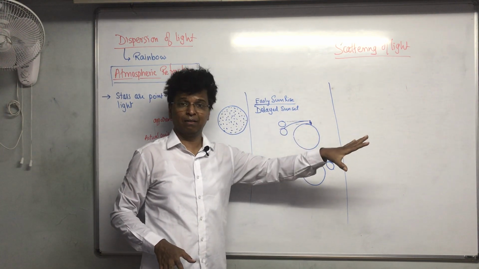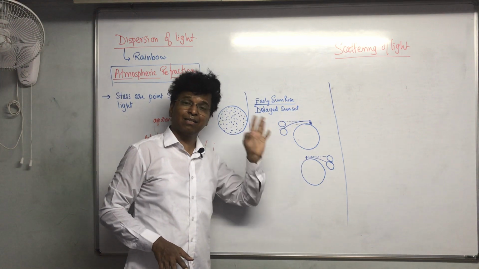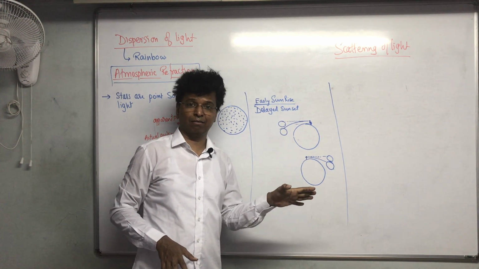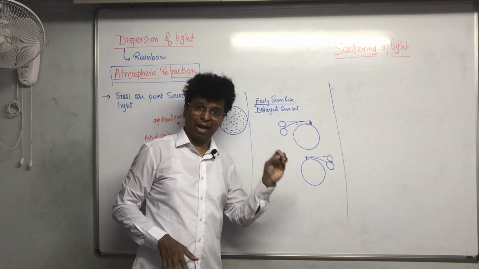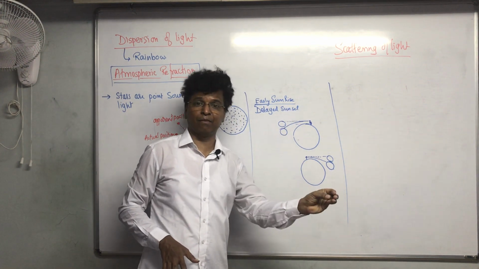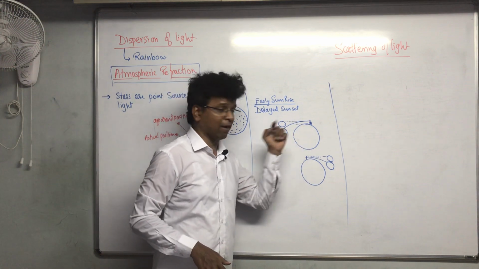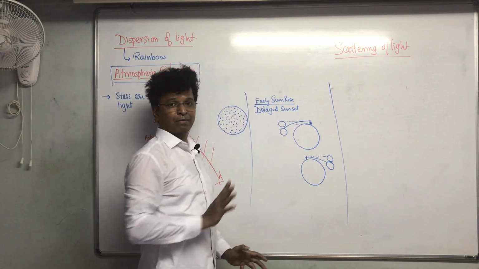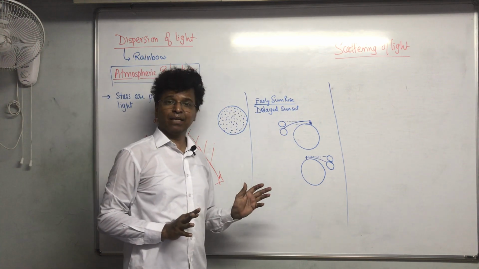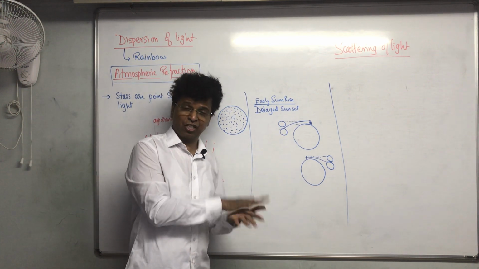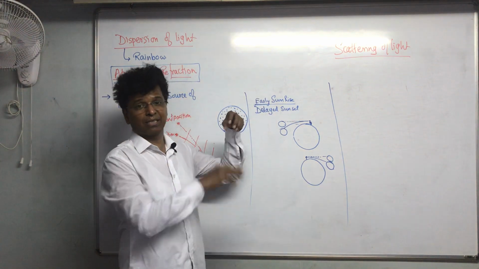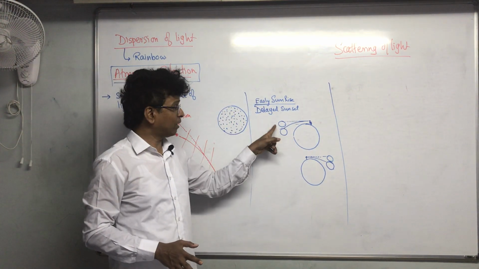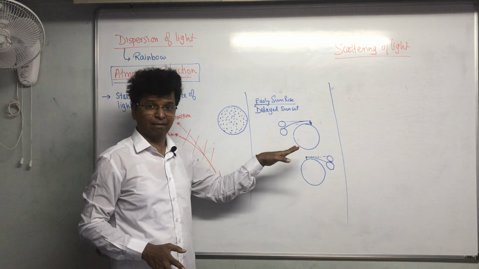It is able to be seen. That's why the sun appears red in color, orange in color, because this light has greater wavelength and it is able to travel that much distance. Whereas the blue light has scattered away, it is not there, but the red light stays over there, and that blue light which is scattered away is unable to reach you. Fine. That's why the sunrise appears red in color.